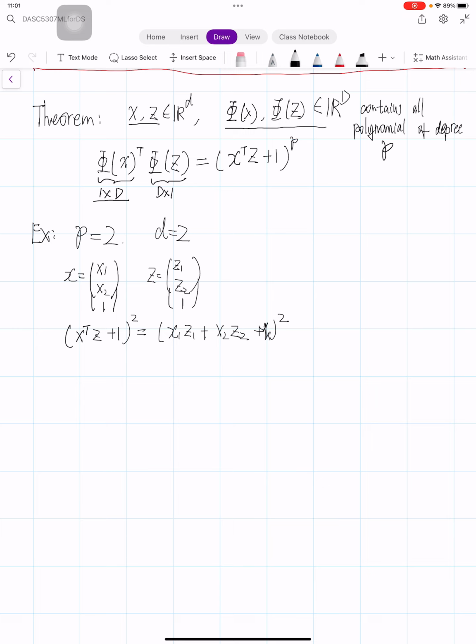So we have x1 times z1, x1 times z2, x2 times z2, plus 1, all squared.